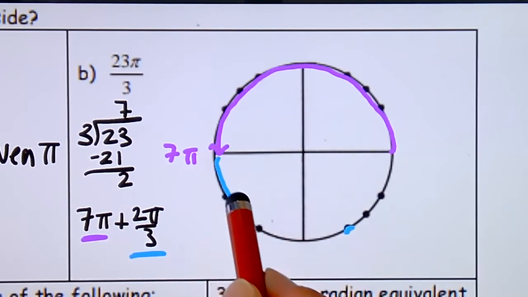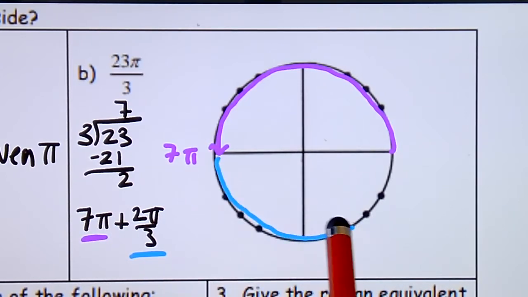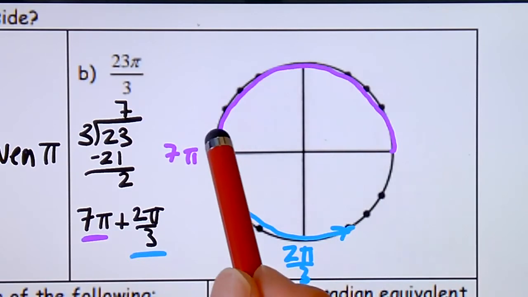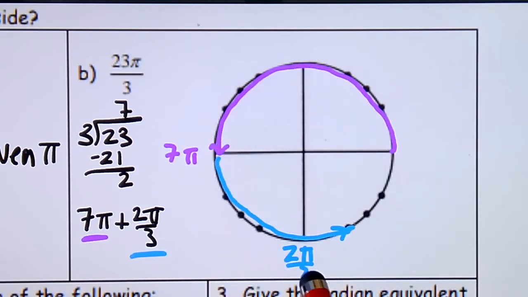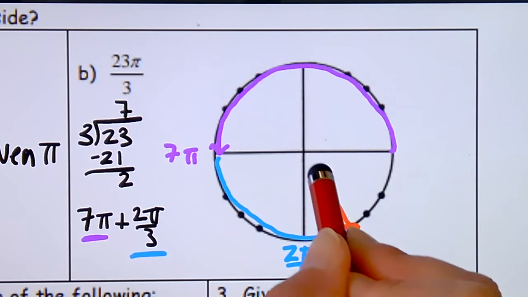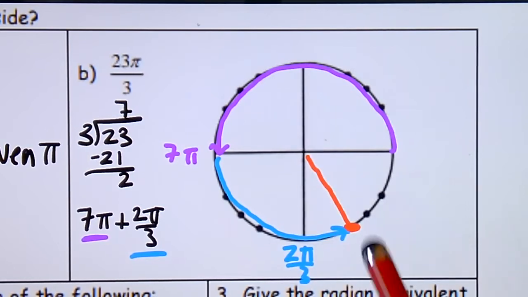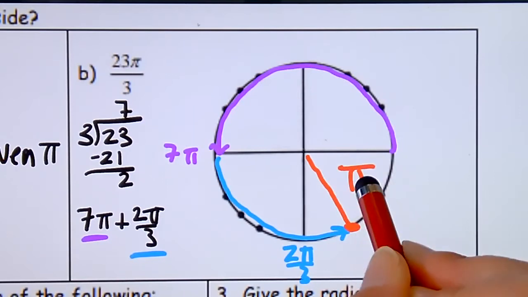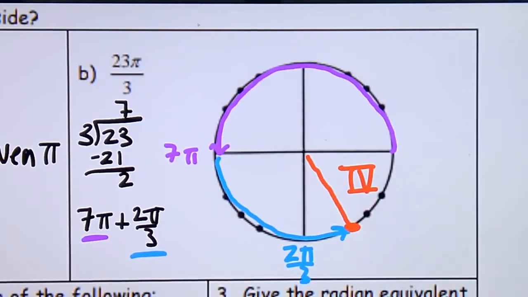So then I'm going to take the other 2 pi thirds and end up here. So this is me going 2 pi thirds beyond. So I went 7, and then I went 2/3 pi. And so I end up over here. Let me just put a dot so we can see it. I end up right here. That's where I'm going to end up. And that is going to be in quadrant 4. Okay.